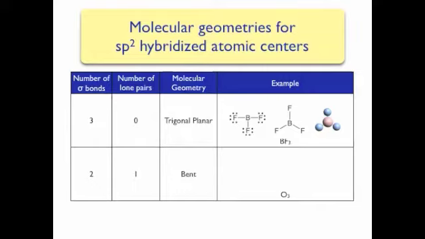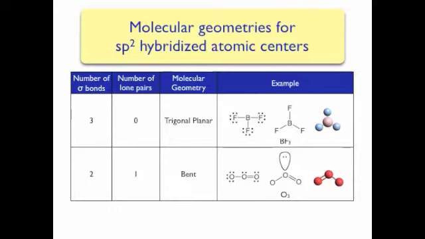We can also have a geometry in which we have two sigma bonds and one lone pair. This molecular geometry will be bent or angular. Ozone, O3, is an example of a bent molecule. Note that the central oxygen in ozone has one lone pair and two bonds.